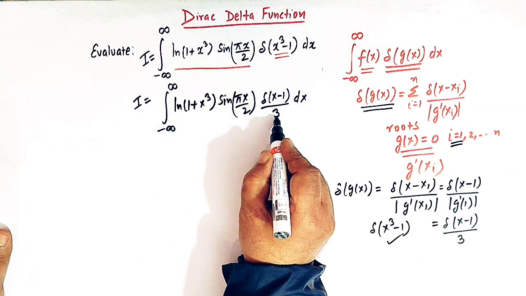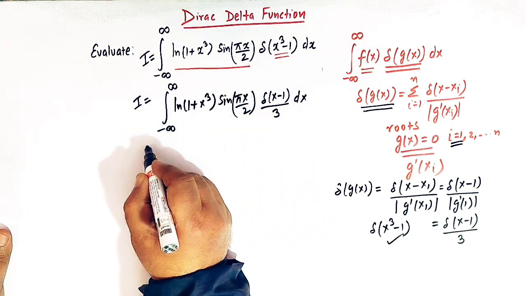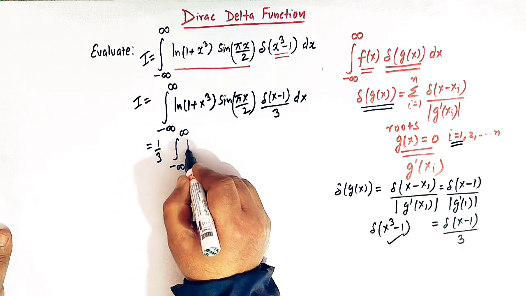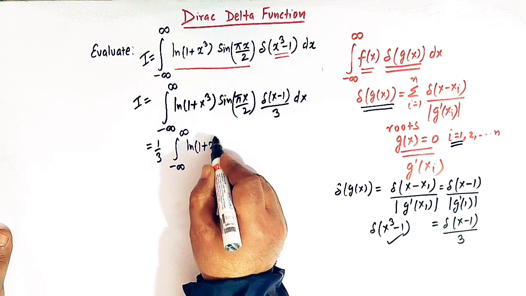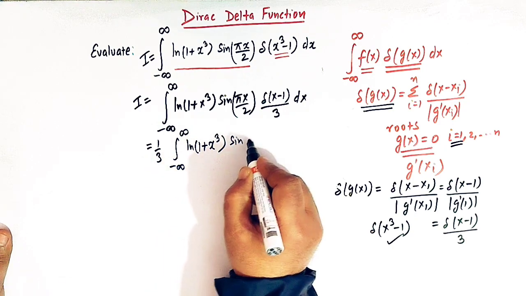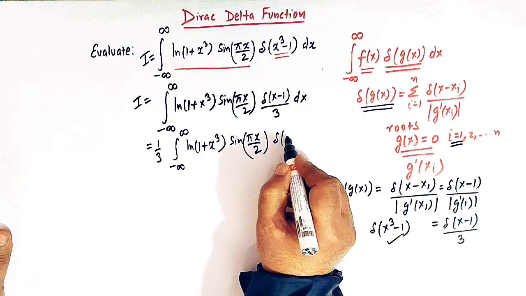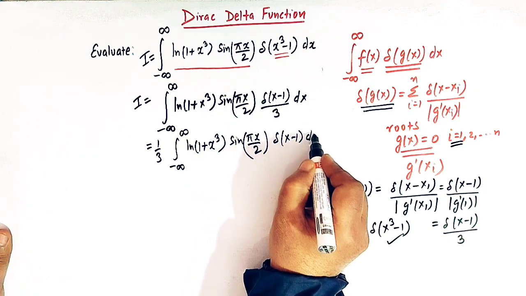So let us take this 1 over 3 outside the integral. We have 1 over 3 times the integral from minus infinity to infinity of log of 1 plus x cube, sine pi x over 2, and here we have delta of x minus 1, right?